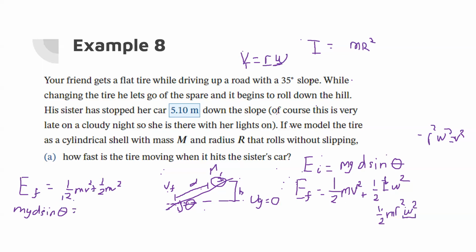If I combine these two terms, I get mv squared. So that cancels with that m, and then I end up solving for v final. I get v is equal to the square root of g d sine theta. And I am done.